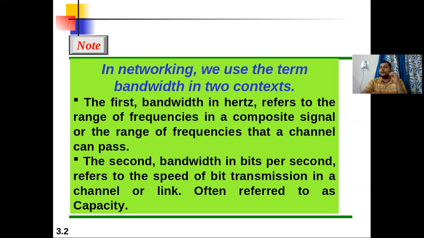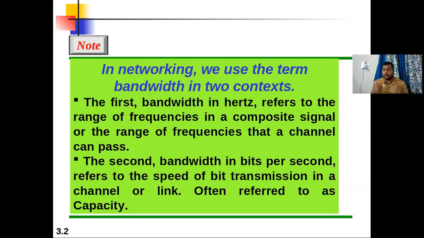How many bits per second transmission can the medium withstand? Copper has a different value in terms of bits per second. Fiber optics has different values. So it depends on the media, that media can withstand that much transmission speed, that we calculate in terms of bits per second.